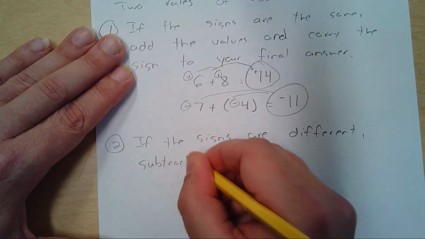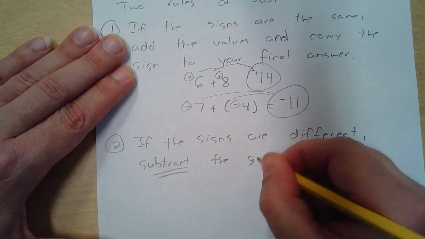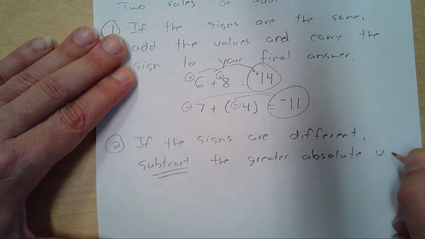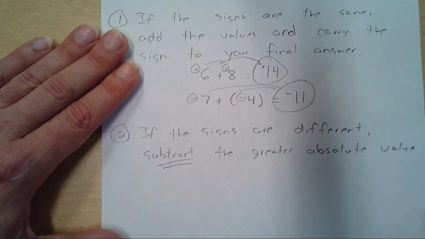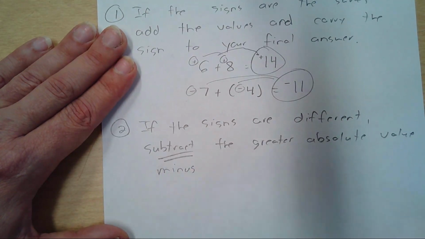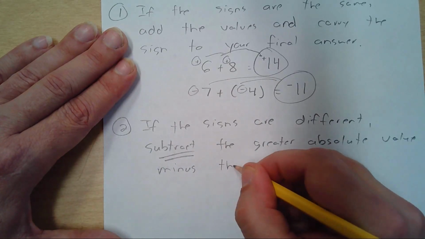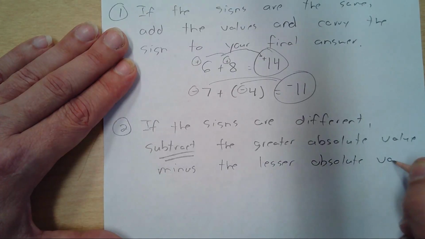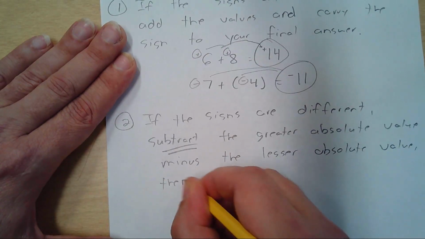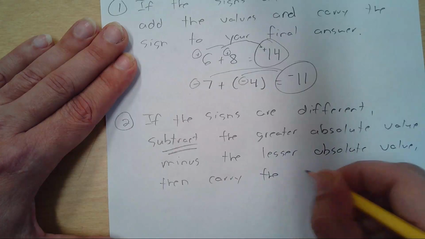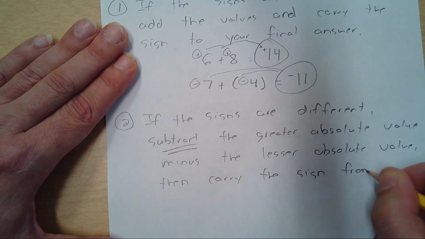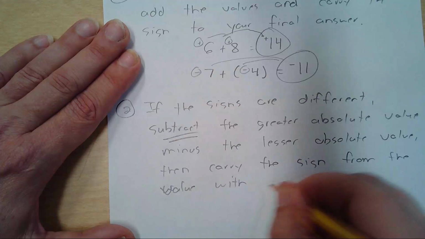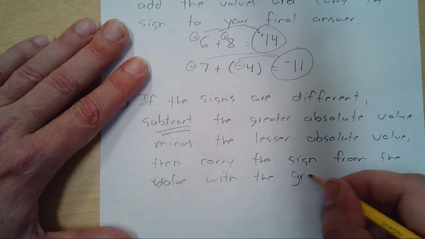Subtract the greater absolute value minus the lesser absolute value, then carry the sign from the value with the greater absolute value.